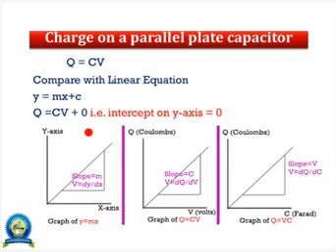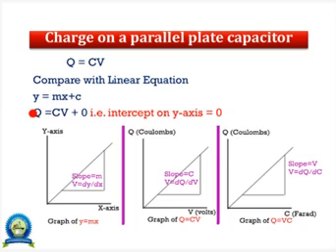Having understood that, let's do a quick comparison with the equation we have, Q is equal to CV. If you look at this equation, it's comparable to the general equation of a linear graph. And so since it's comparable, we can do a one-to-one comparison and look at which of these forms our y-axis and which forms our x-axis.